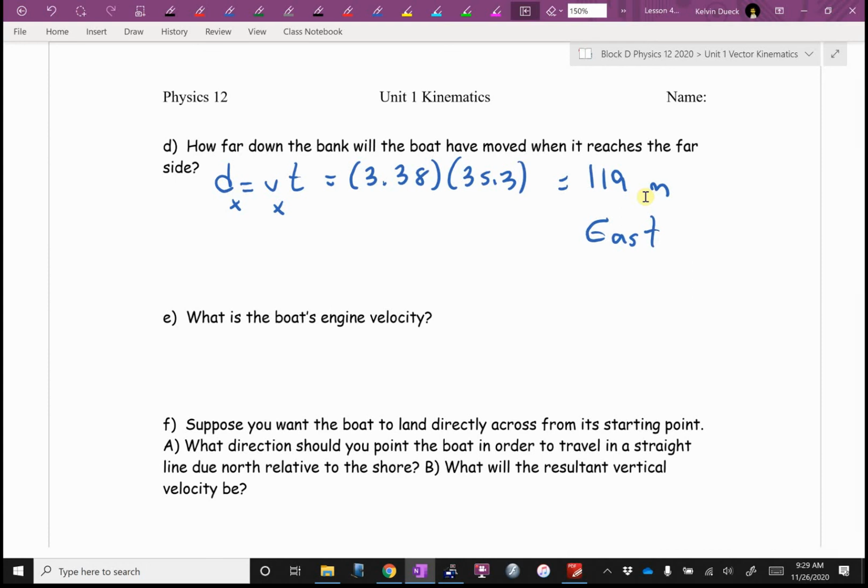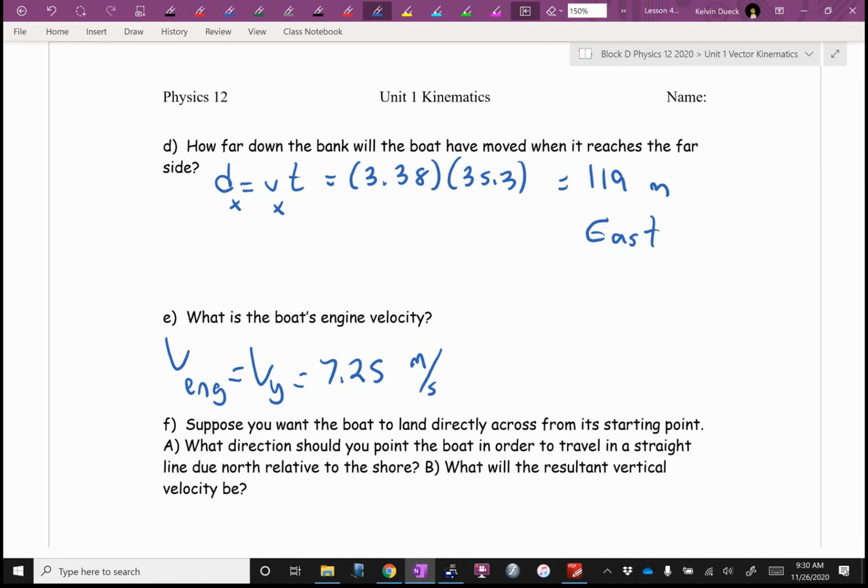What is the boat's engine velocity, folks? That's Vy, right? Just reinforcing that Veng is Vy. What was it, 7.25 or 3.5? 2.5, thank you. Sorry for making fun of you, but it was a good way to reinforce.